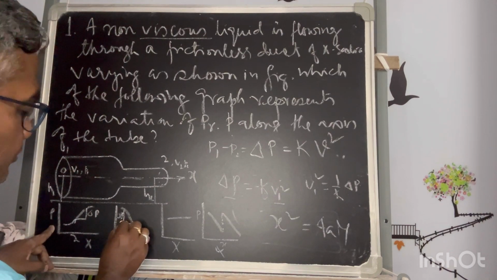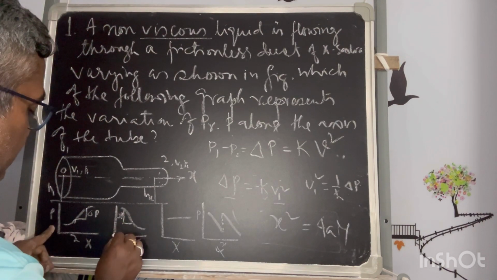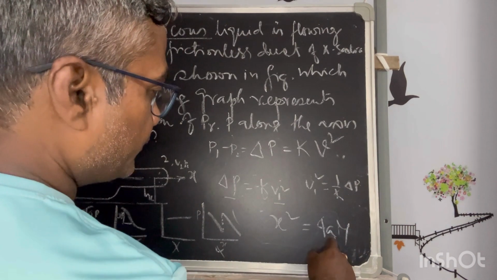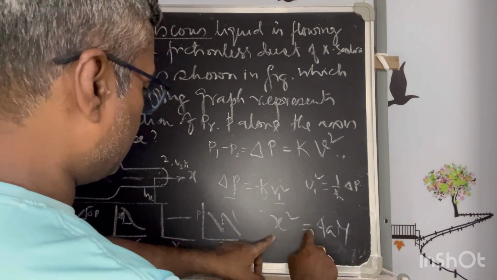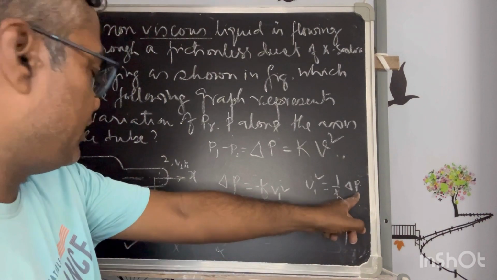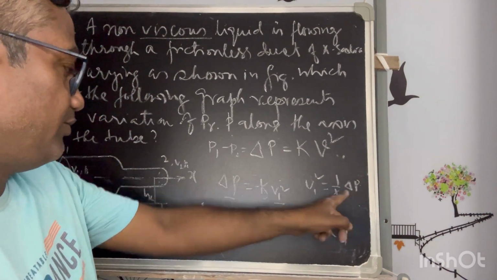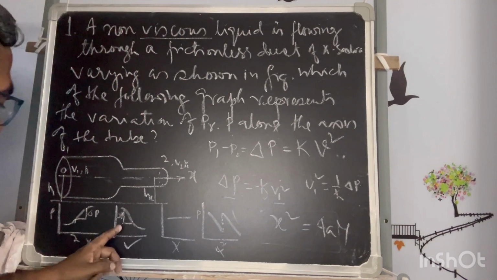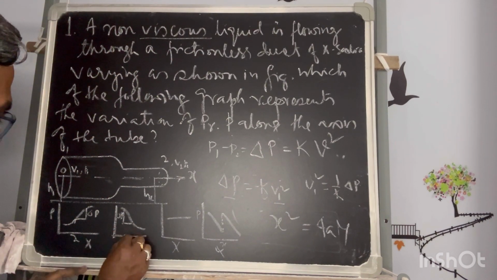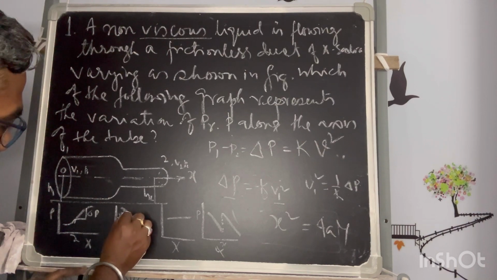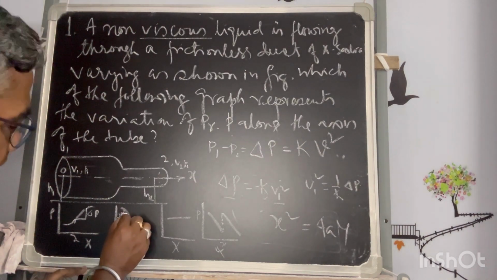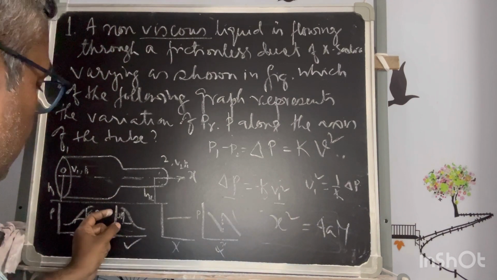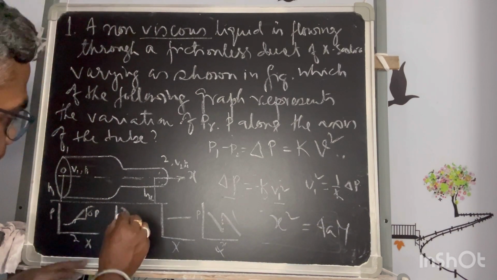So v square, the velocity at any point, depends on delta p. If delta p is the dependent variable, then v1 square changes as x changes.